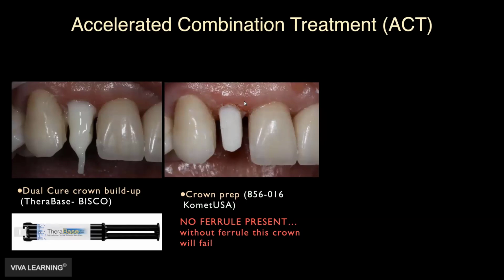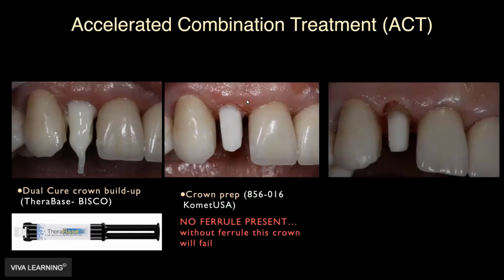Let me rephrase that: you want to be sure that you are gaining tooth structure to hold on to with the new crown, and not just putting it on this material, or else that material will fail. It will break off within a year. There's no material that's strong enough unless you regain ferrule.